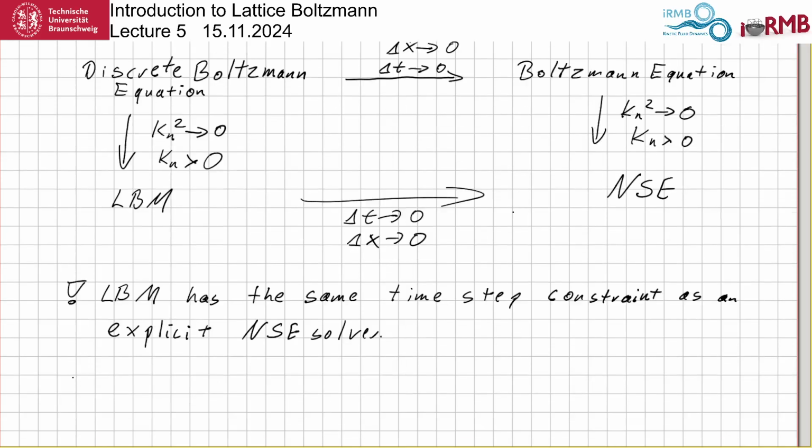And as I just tried to say, there is no kinetic physics, if you will, if delta t is much larger than tau, which is basically also related to the Knudsen number square going to 0.